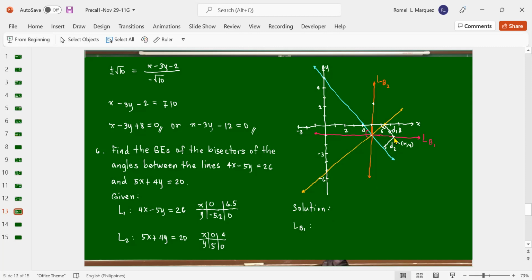This point is below the yellow, so D1 is supposed to be negative. To make it positive, you control it by negative. And we know that D2, since the point is above the blue, has a positive value. Now, for them to be equal, you negate D1, because the value of D1 is expected to be negative. Negative of negative is positive, and D2, we know that it is positive. Okay? So negative.